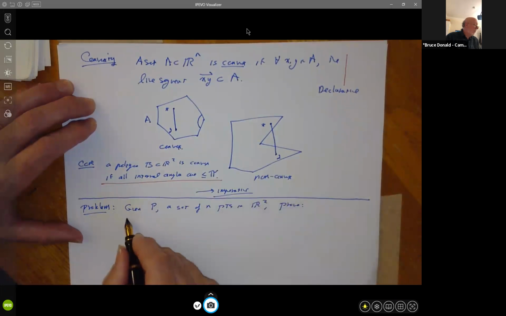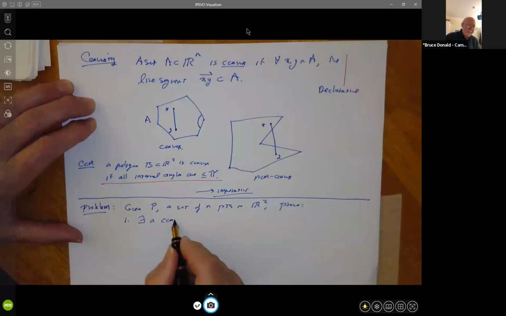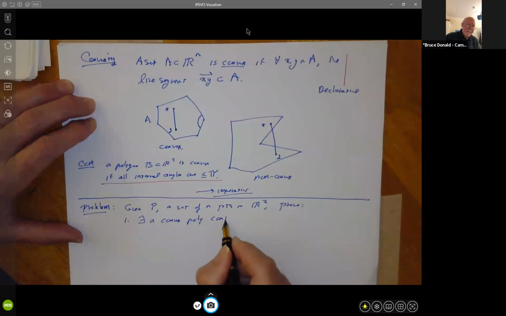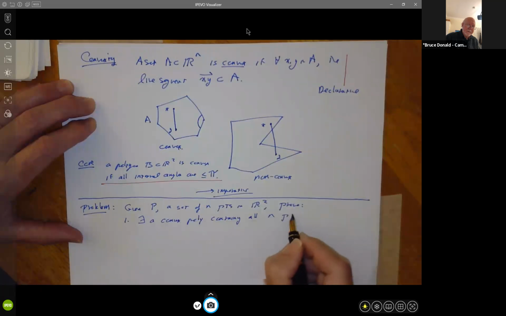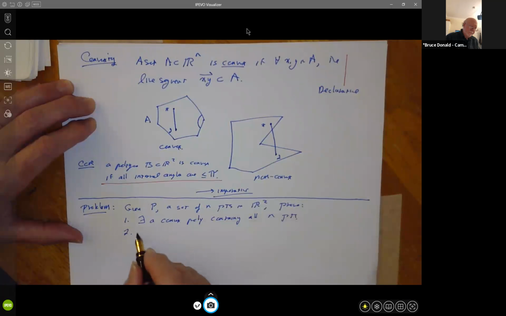I'll probably sketch it rather than prove it. 1, there exists a convex polygon containing all n points. And 2, you can compute it in order n time.